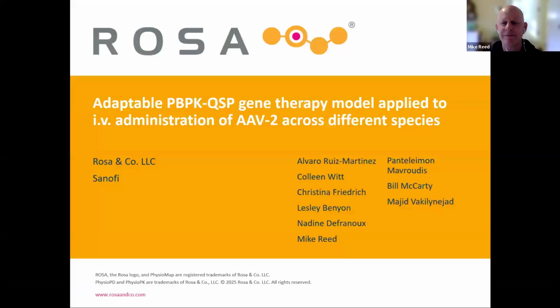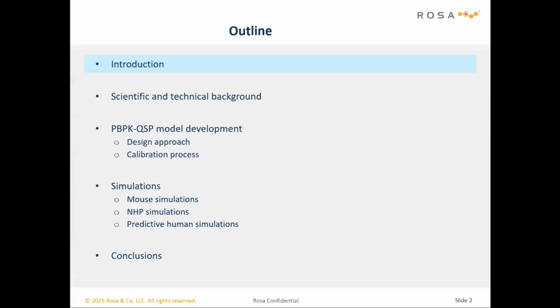Hello. Today we are going to talk about an adaptable PBPK QSP gene therapy model that Rosa has developed and has been applied to IV administration of AAV2 across different species. First, we'll start with an introduction. Then we'll do a brief scientific and technical background.